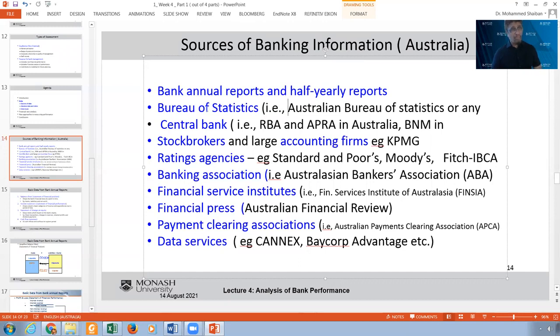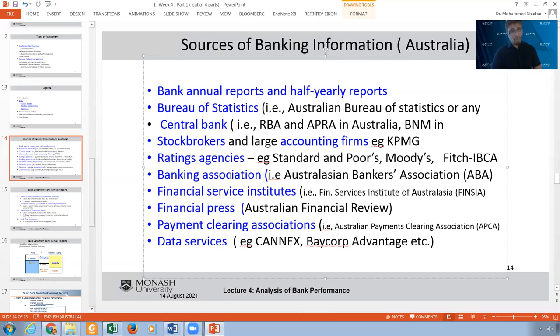Now the Bureau of Statistics is different. We have one in Australia, but we also have one in Malaysia and some other countries. This department is only for statistics. Of course, we have the central bank. Stockbrokers provide information. Rating agencies are very important. Banking associations also keep information about banks.